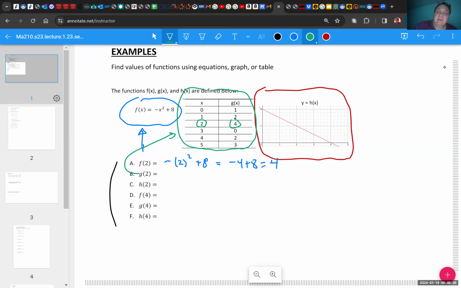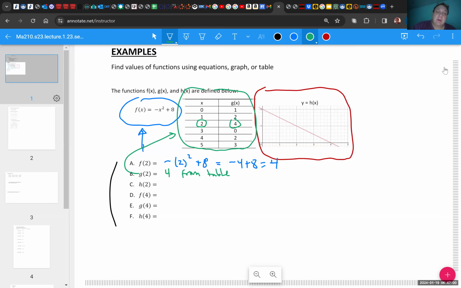So I can say g(2) is equal to 4, and that's just from the table. I don't think it's possible to find an equation for this particular table. Even if you could, it's not necessary. You could just look at the table values and know that the y value is 4 when x is equal to 2.